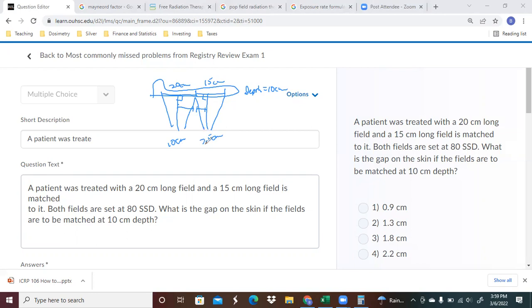So now that we've taken the lengths of both of those and cut them in half, we need to figure out exactly how much each one of them is shrinking there at the gap. So the question is, how do we do that?